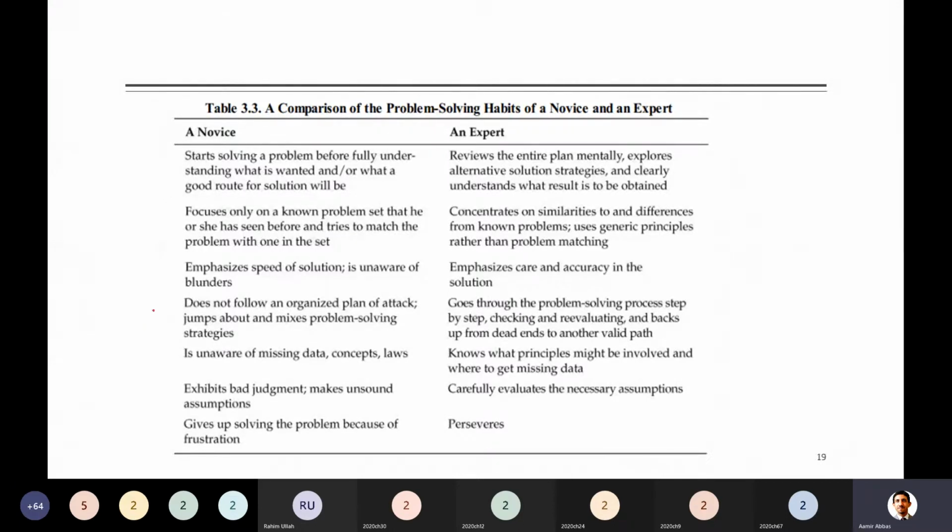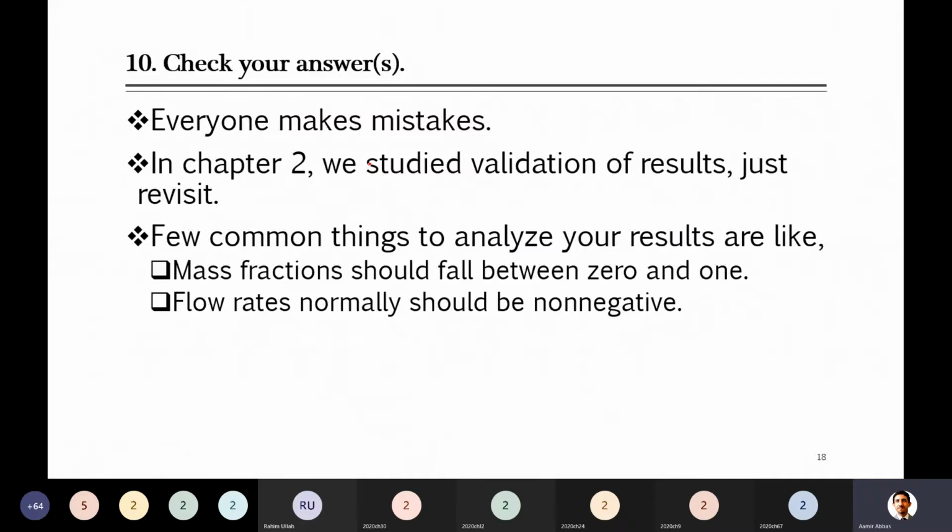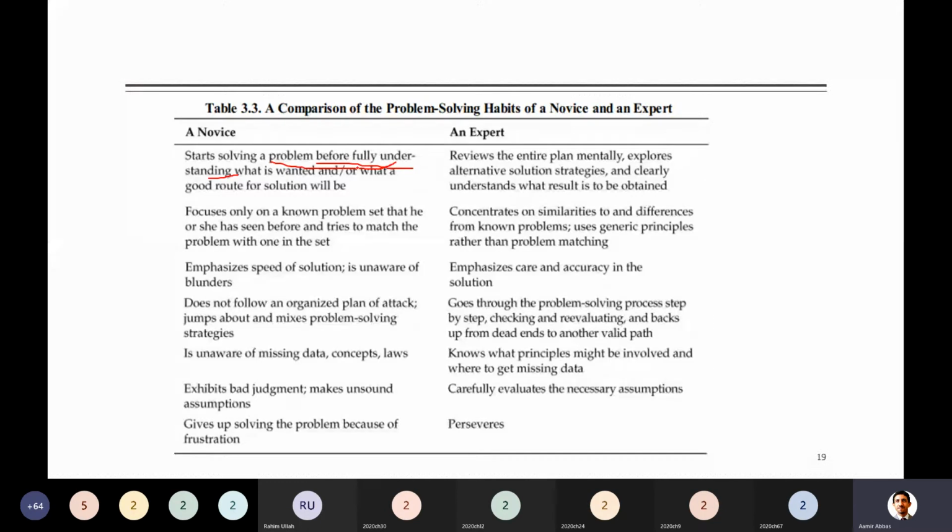Someone who is new will start solving the problem before fully understanding it. Would you be following the instructions, the 10 steps, if you do this? No, because you are not fully understanding. Up to here we have discussed 10 steps, and out of those, the first step was to carefully read the problem and try to understand what is given and what is asked.